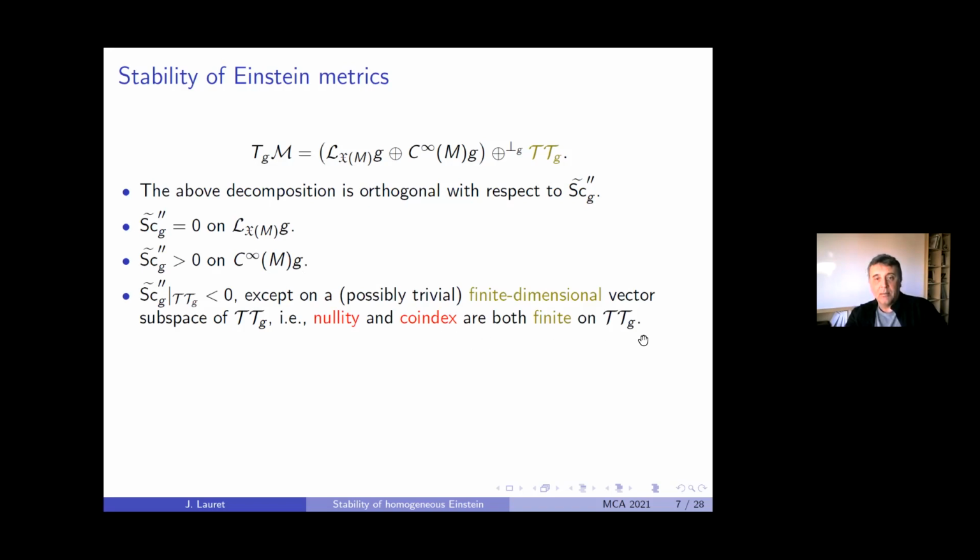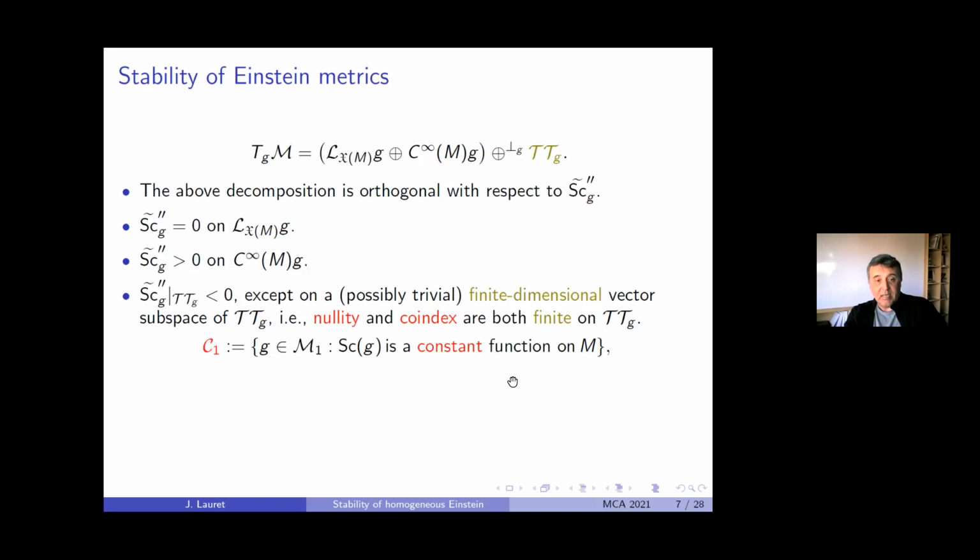So it's mostly negative, but it can be 0 or positive in a finite dimensional subspace. This was discovered by Koiso and Berger. It's kind of a miracle. And then this is the right subspace to analyze the stability of the functional. Okay.